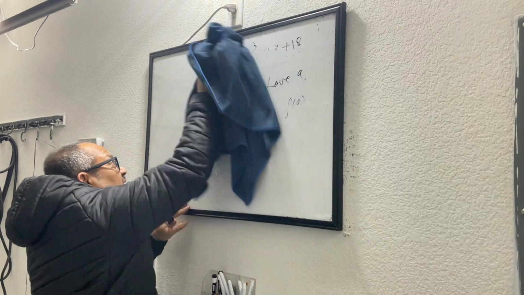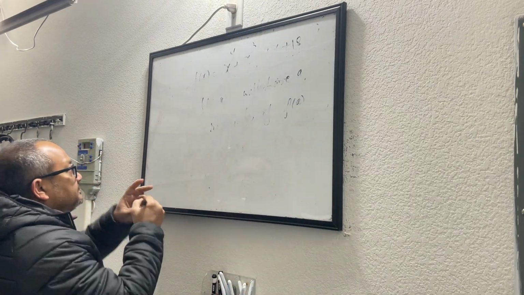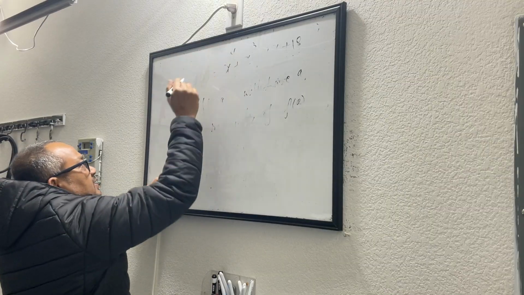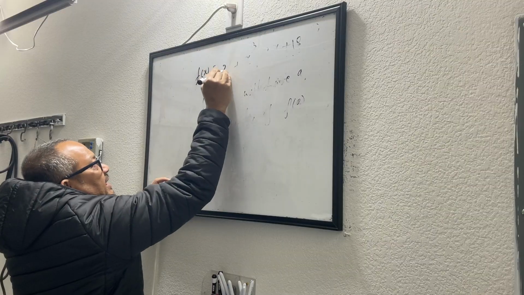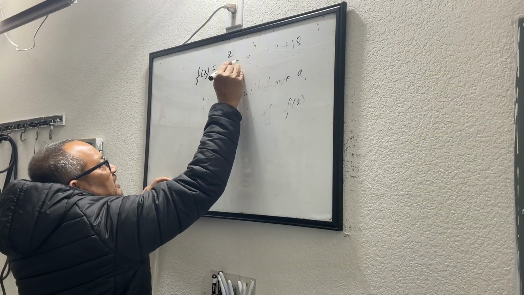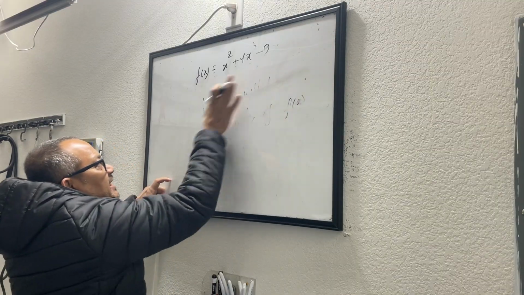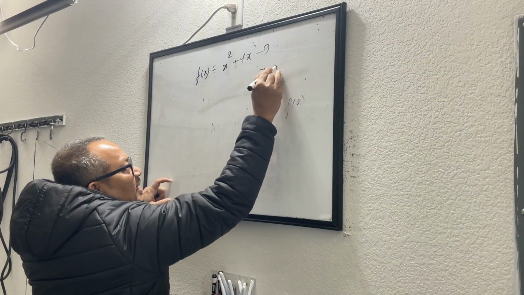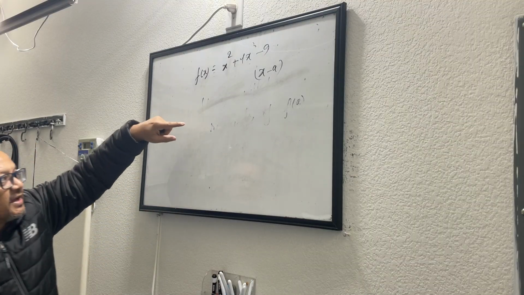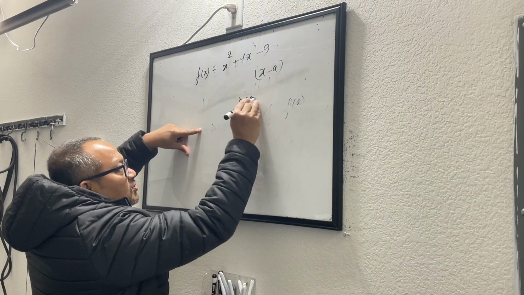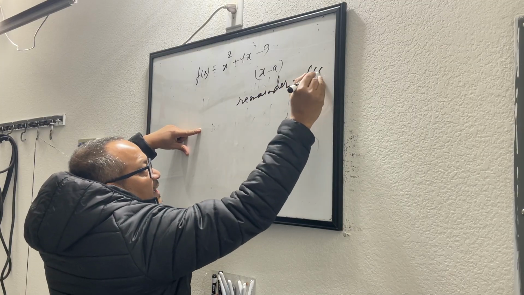So polynomial remainder theorem says that if you have a polynomial, let's start with something simple, f of x equal to x squared plus 4x minus 9, okay? If you divide this by x minus a, then your remainder will be equal to f of a.